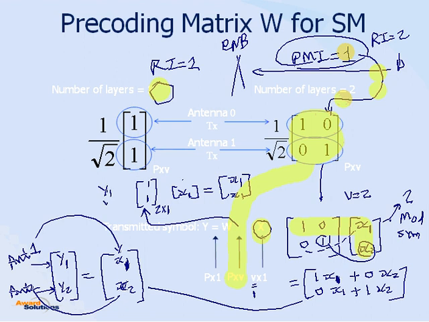So y1, y2 is this. I am sending out from antenna 1 modulation symbol x1. What am I sending from antenna 2? Same thing, the same modulation symbol.